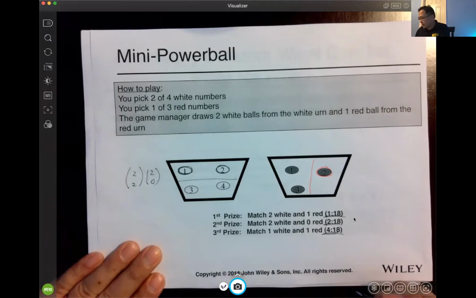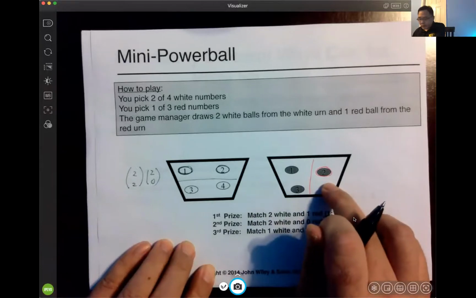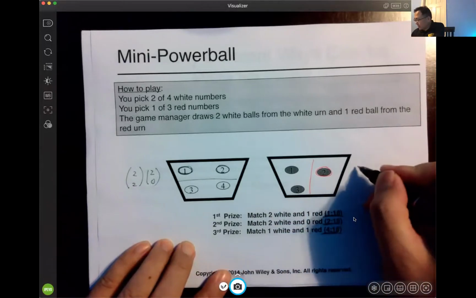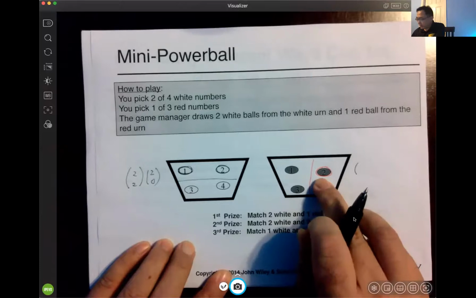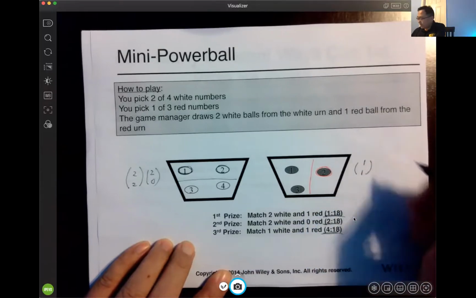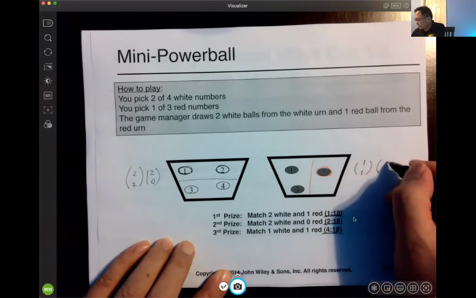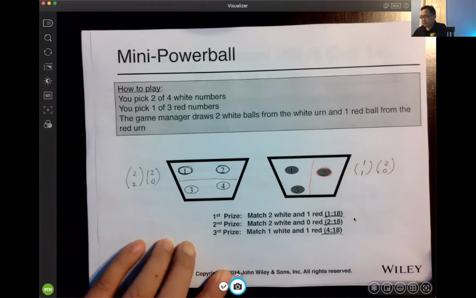And for the red ball, I must choose the lucky ball, choose 1. And from the remaining 2 unlucky ones, choose 0.